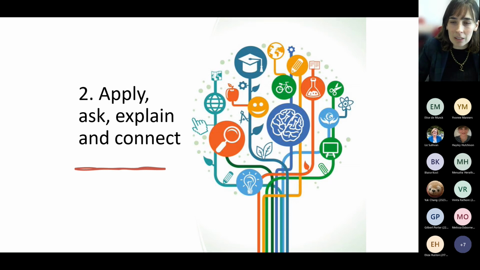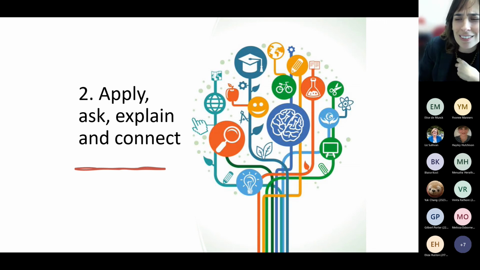And you can do it by applying it to what you already know, thinking of concrete examples. It's really useful if you monitor your evolving understanding by asking yourself lots of questions, thinking about the how and why of things. And it's even better when you take charge of this, so you generate explanations, make links.